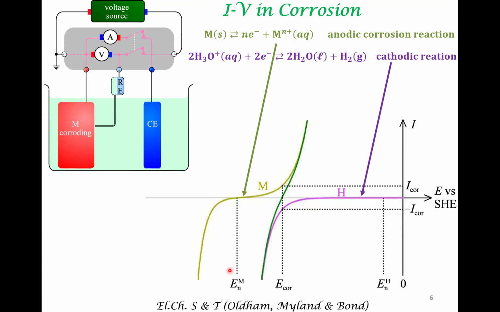To understand why we have these three quantities, we have to look at the fundamental aspect of a corrosion cell. Before we go into this quantity called E core, where core refers to corrosion, we will reflect on the meaning of E null. This is the null potential, which is not very different from the null potential considered in electrochemical kinetics.